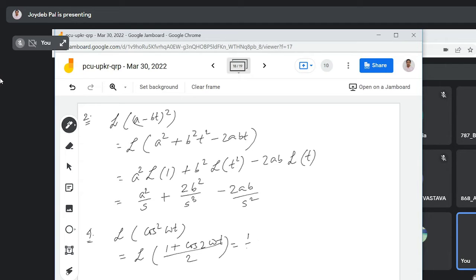So I can write 1 by 2, that is the constant term, 1 by 2 Laplace transform of 1 plus 1 by 2 Laplace transform of cos 2 omega t. Right? Any doubt? No, sir. Now just put the formula: 1 by 2s plus 1 by 2 into what is the Laplace transform of cos 2 omega t?